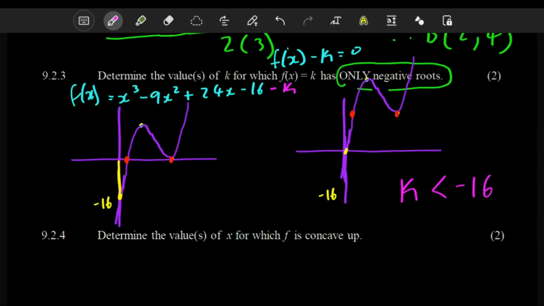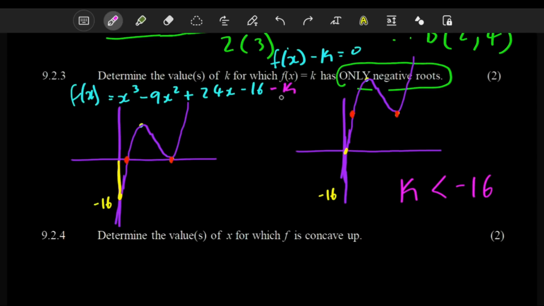The reason why k has to be smaller than negative 16 is because if k is equal to negative 16, it means that you would have moved your graph 16 units upwards. But the moment it is anything smaller than negative 16, like let's say negative 17, if you throw a negative 17 over there, it will be negative 17 times a negative, which will be a plus.